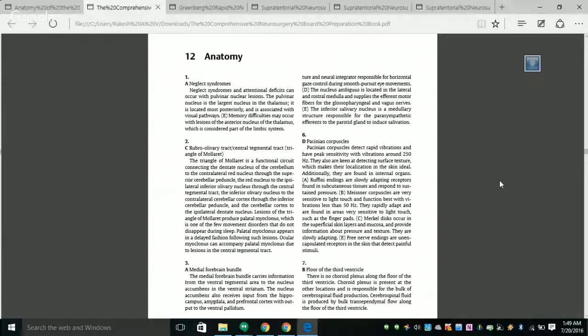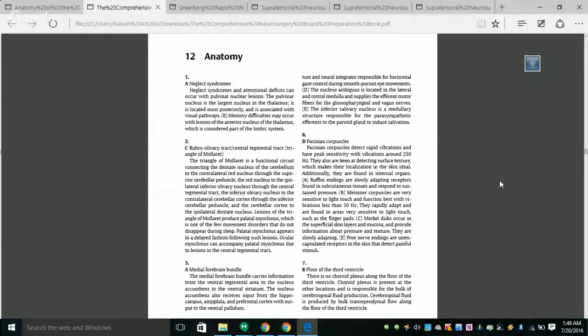Okay, pulvinar nucleus lesion results in neglect syndromes. Neglect syndromes and attentional deficits can occur with pulvinar nuclear lesions. The pulvinar nucleus is the largest nucleus of the thalamus. It is located most posteriorly and is associated with visual pathways. Option E, memory difficulties, may occur with lesion of the anterior nucleus of the thalamus, which is considered part of the limbic system.